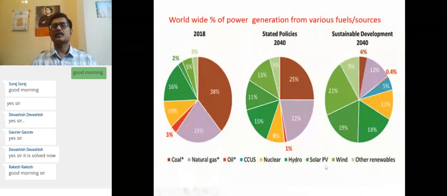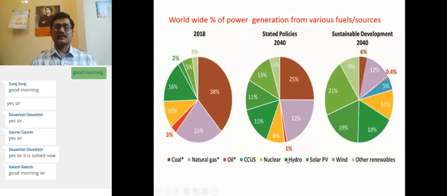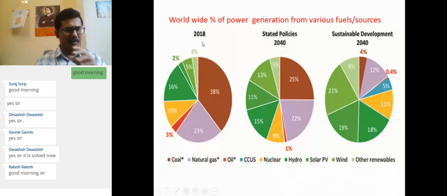Okay, they are not going to hamper the environment. They are not going to result in pollution, isn't it? So non-conventional, renewable forms of energy. As far as the current status is concerned, in the last year or two, that particular trend might have changed to a very small extent.